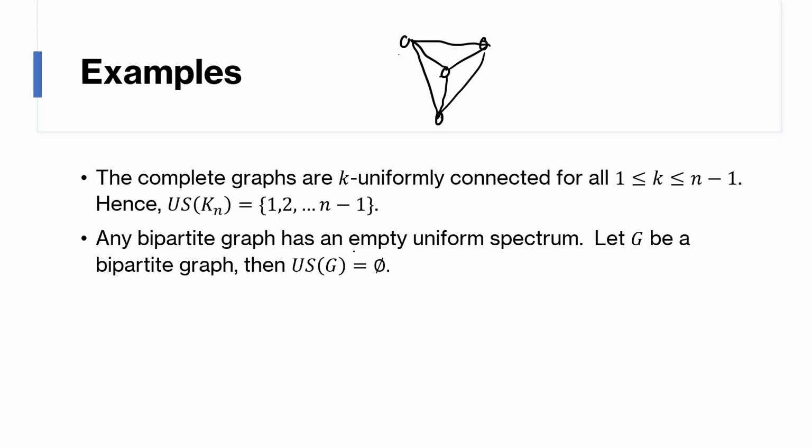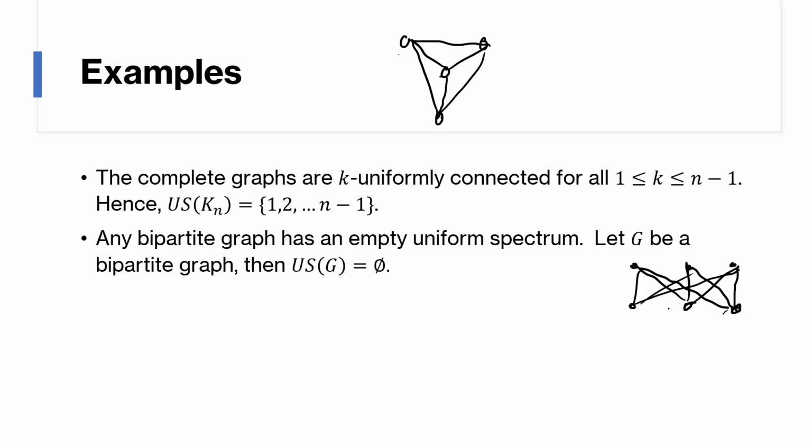Any bipartite graph has an empty uniform spectrum. So if you take, for example, K3,3, here's K3,3. What I'll say is going to be true for any bipartite graph, but I just want to mention it.